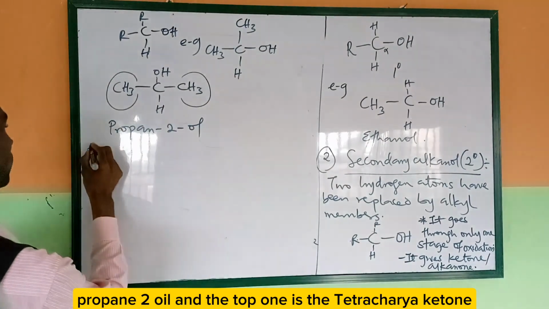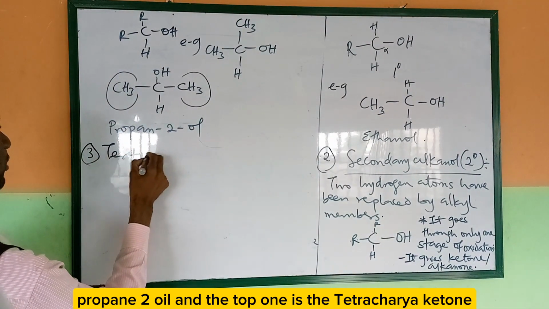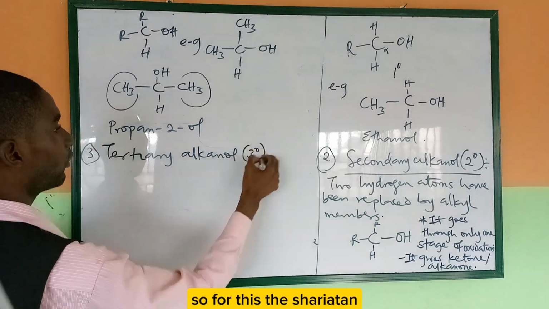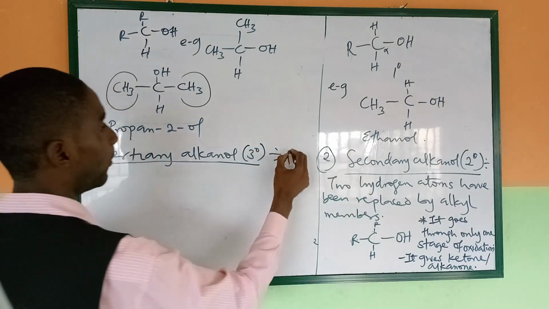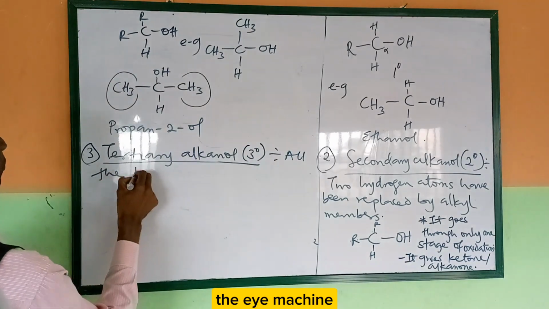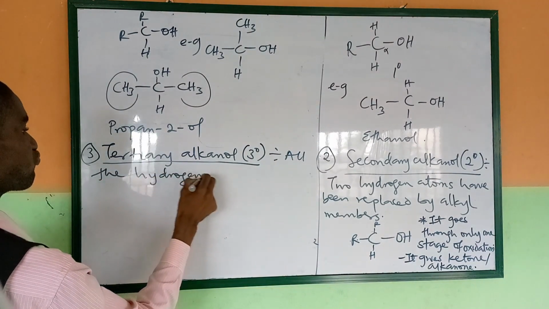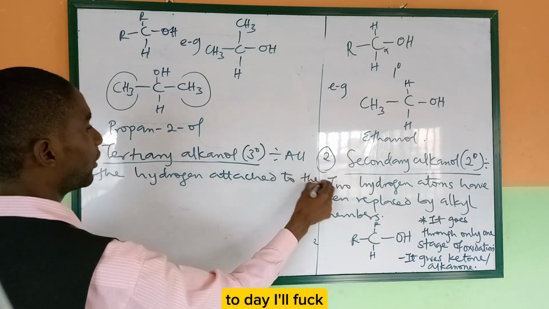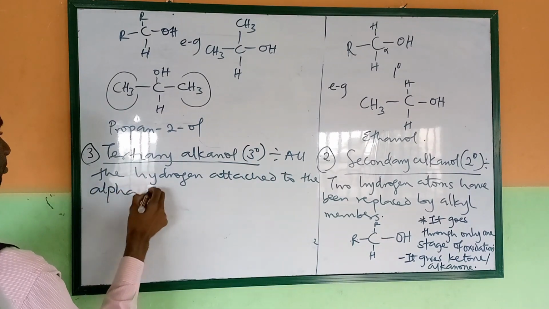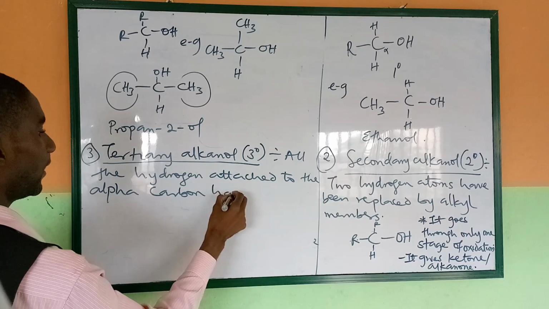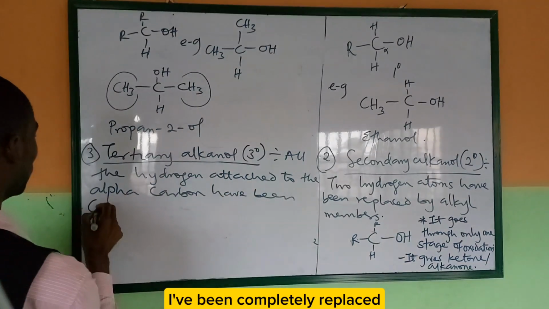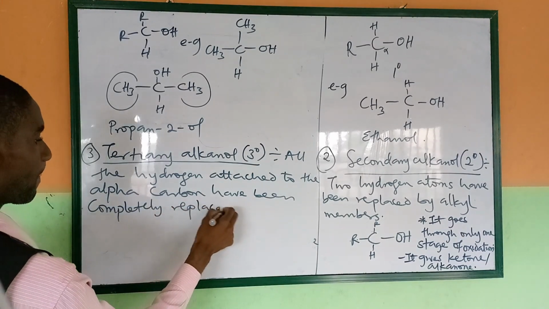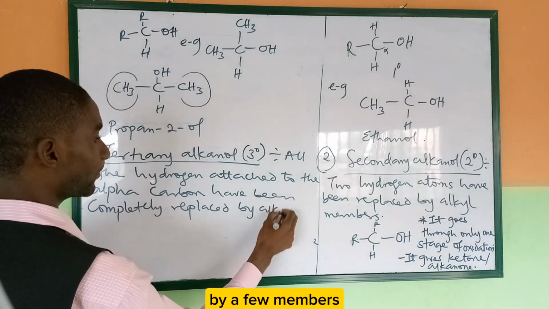And the third one is the tertiary alkanol. For this tertiary alkanol, all the hydrogens attached to the alpha carbon have been completely replaced by alkyl members.